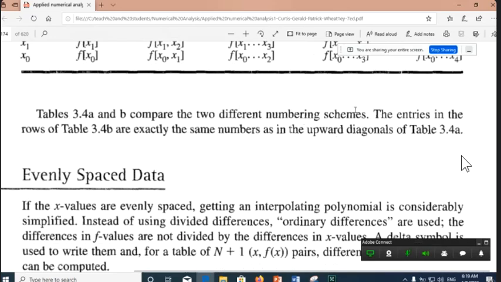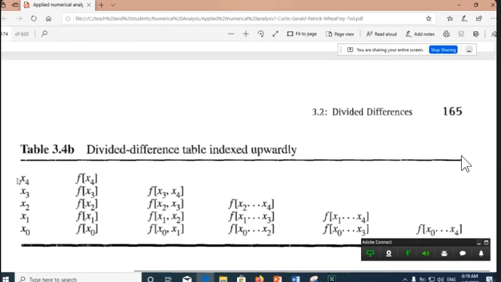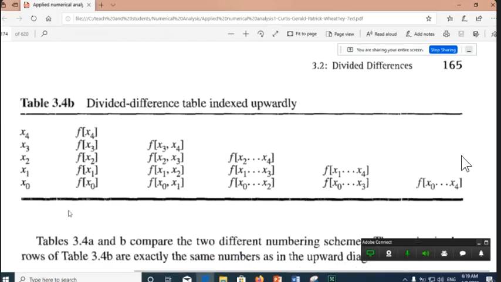In the previous examples, the data are not evenly spaced. For example, the difference between x0 and x1 may be different from the difference between the next 2 points.